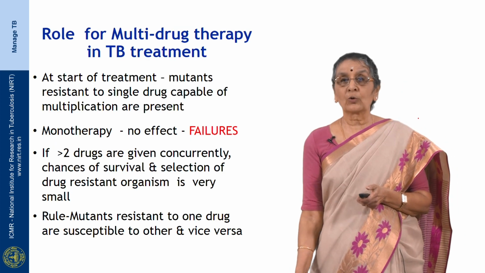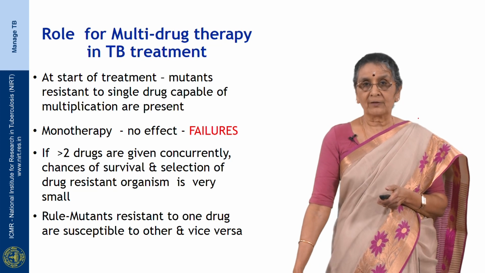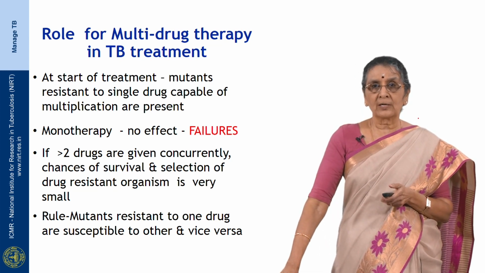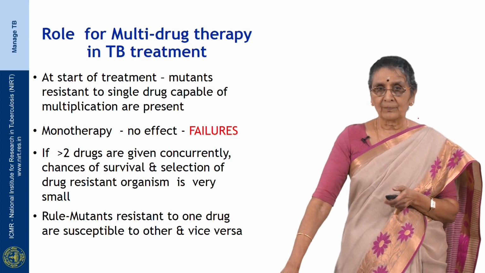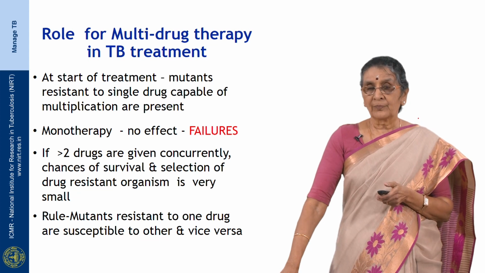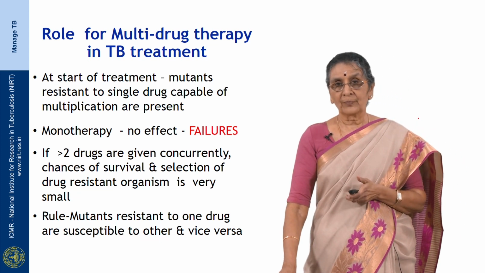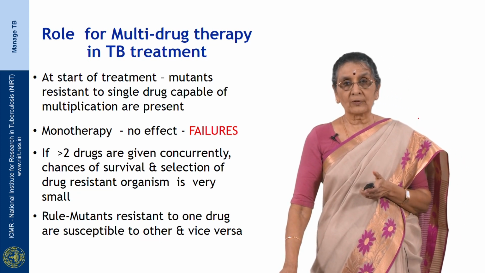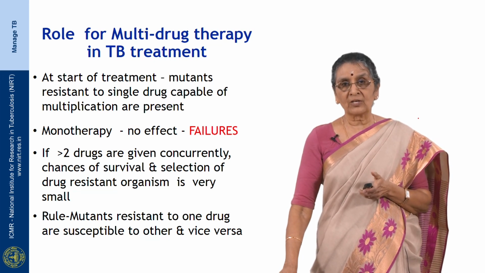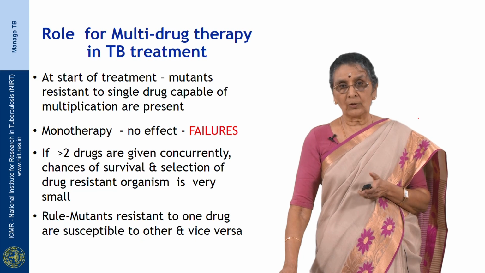Now, let us look at the role of multi-drug therapy in TB treatment. At the start of the treatment, mutants resistant to a single drug capable of multiplication are present. So, if you give monotherapy, it will lead to failure and more resistance will be seen. If you give 2 drugs concurrently, chances of survival and selection of drug resistant organisms are very small.